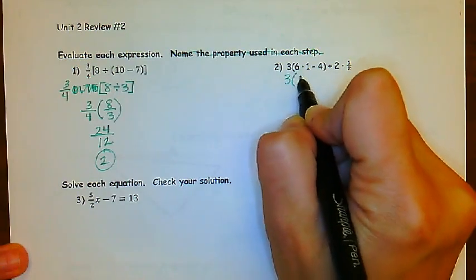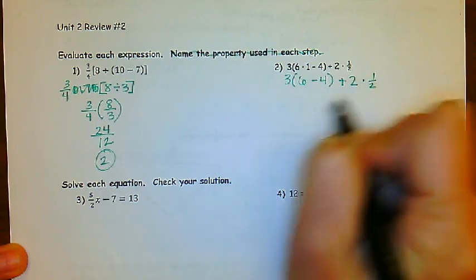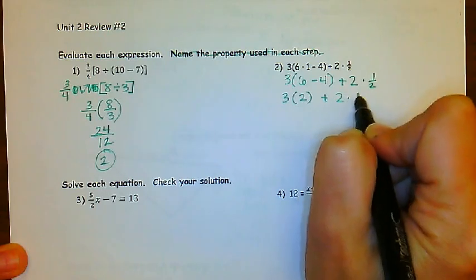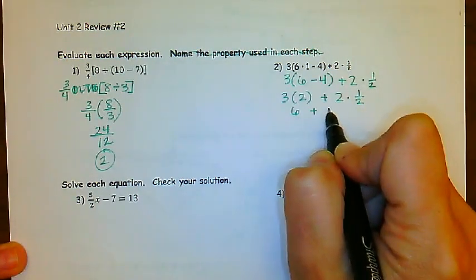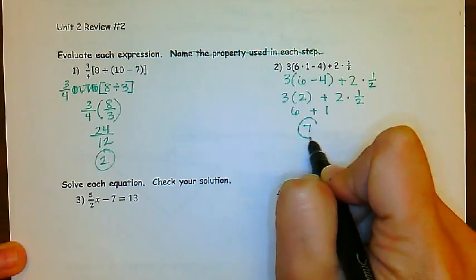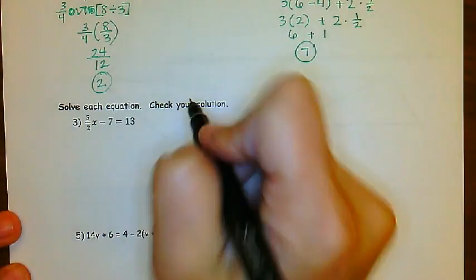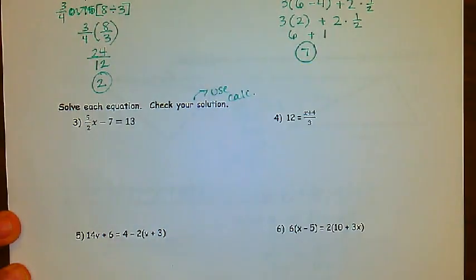So I'm going to do 6 times 1, which is 6, minus 4 plus 2 times 1/2. 3 times 2 plus 2 times 1/2. I'll get a 6 here and a 1 here, so my final answer is 7. Okay, again, you can use your calculator to plug everything in and just to check.